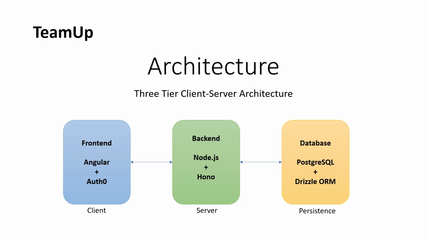Via API calls, they are connected to the backend. For the backend, I use Node.js plus Hono. And via API also, it is connected to the database, PostgreSQL and Drizzle ORM.